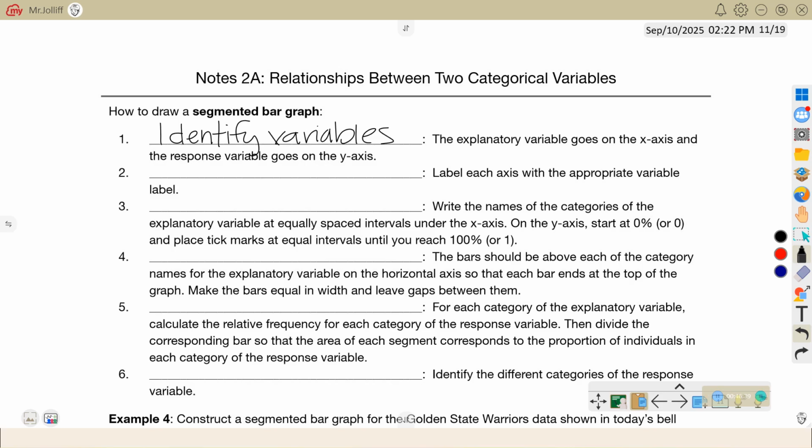Yeah? After I've identified my variables, next thing I'm going to do is draw and label my axes. So horizontal axis, vertical axis, slap those variable names on there, right?